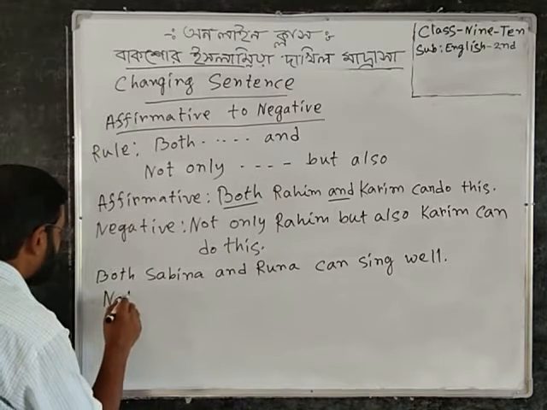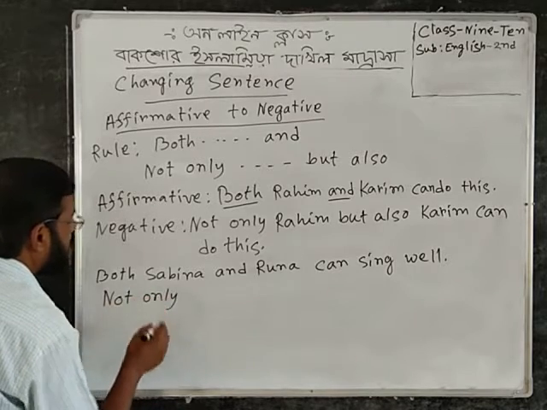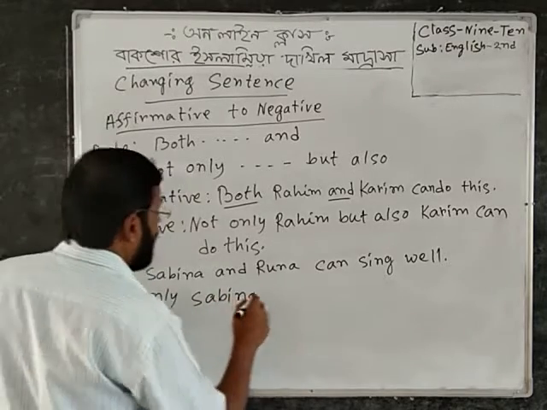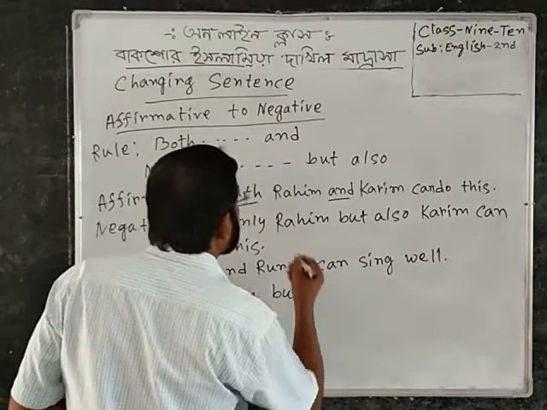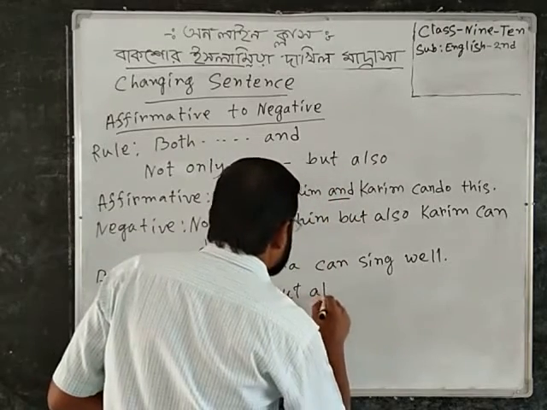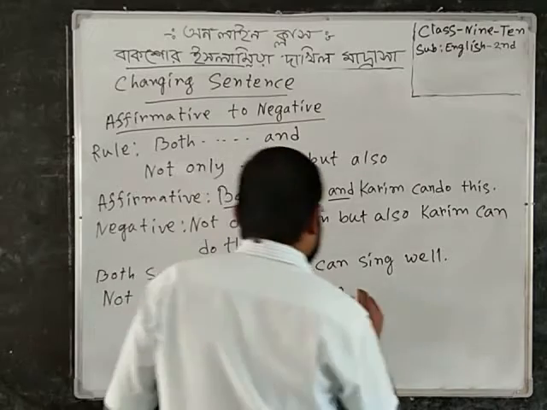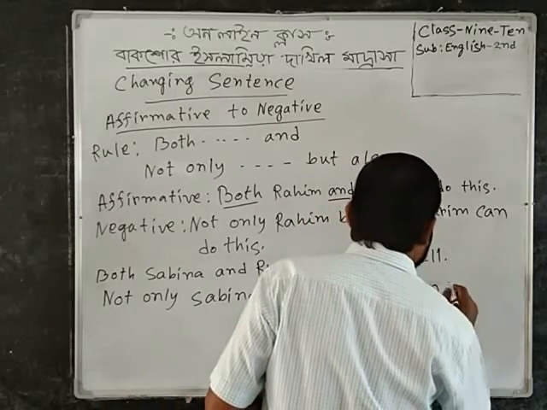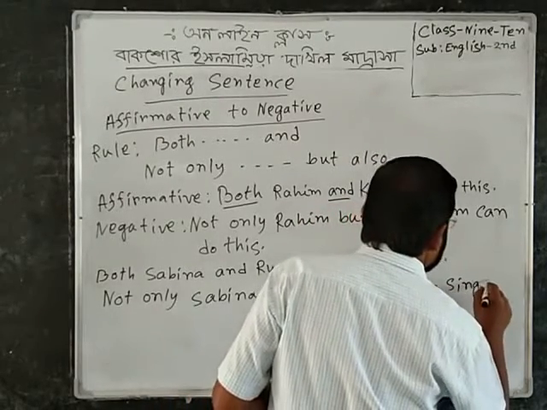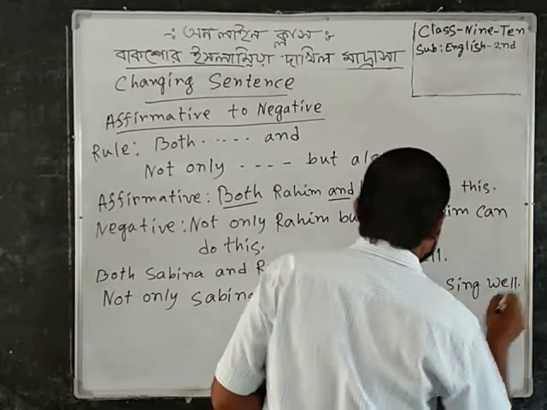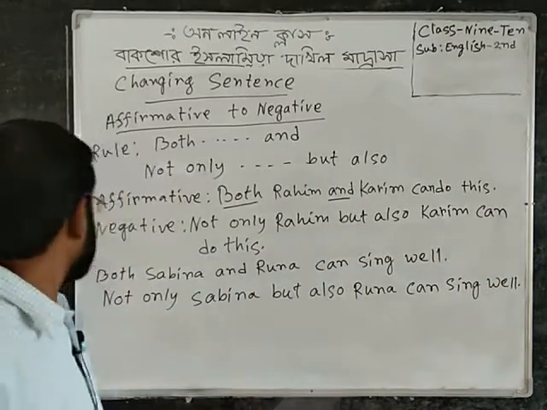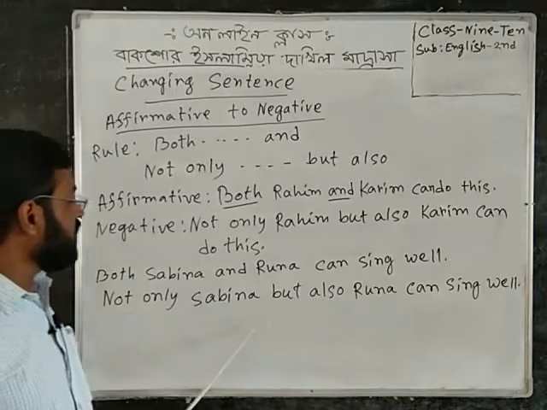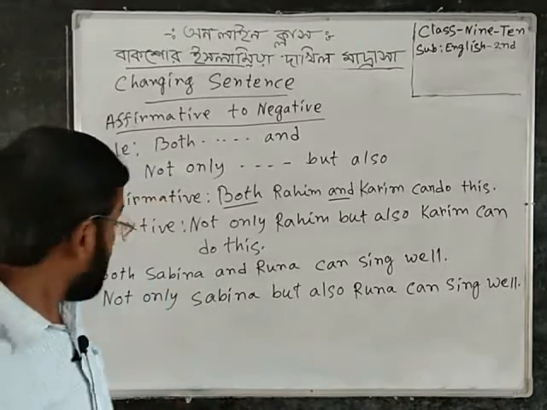Here the sentence is: not only Sabina but also Runa can sing well. Affirmative: both Sabina and Runa can sing well, and in negative we can write not only Sabina but also Runa can sing well.